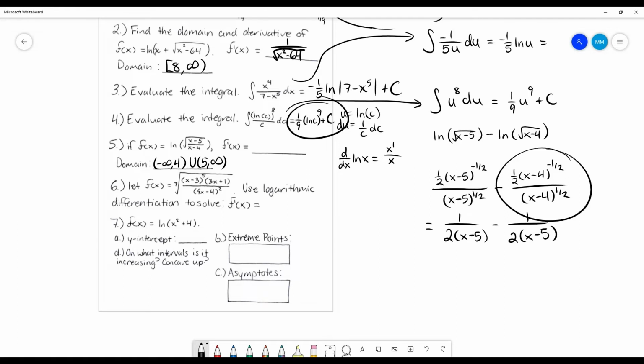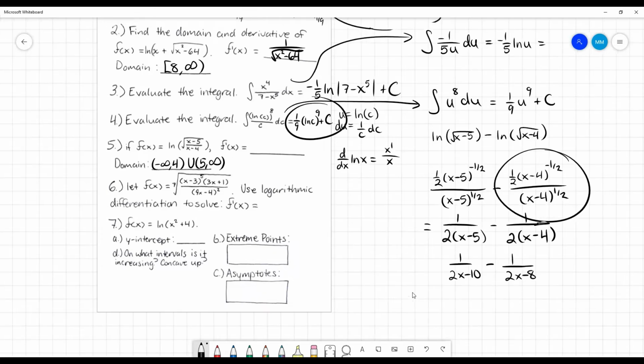And I'm going to distribute that too, actually. That should not be a 5, that should be a 4. Sorry about that, but it's because we're doing that one. Okay.